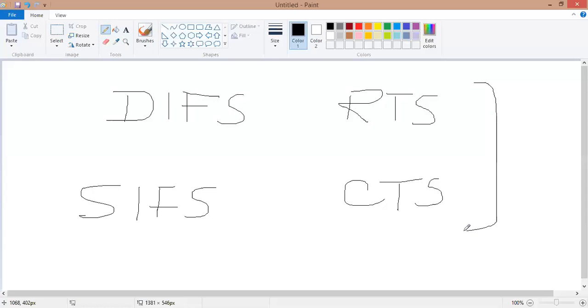When a station sends an RTS frame, it may include some duration of time that it needs to occupy the channel. The stations that are affected by this transmission time create a timer that is called our NAV. Okay.